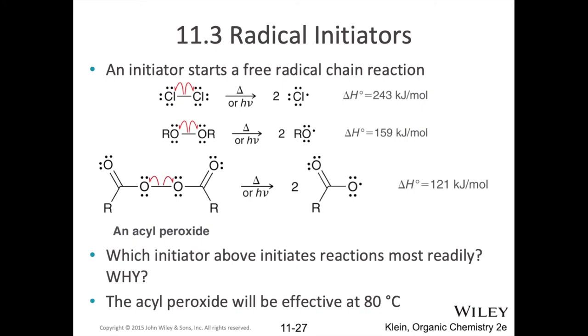For example, if you use a peroxide, you can see that the energy required to break that oxygen bond is almost 100 kilojoules lower than that for that chlorine-chlorine bond. Likewise, in the case of the resonance stabilized radical we form with an acyl peroxide cleaving, that's an even lower bond dissociation energy we need.